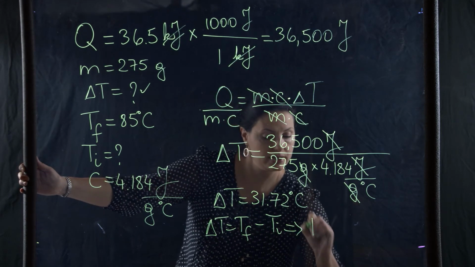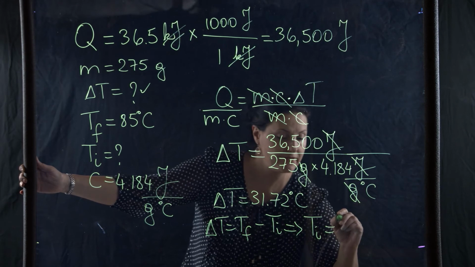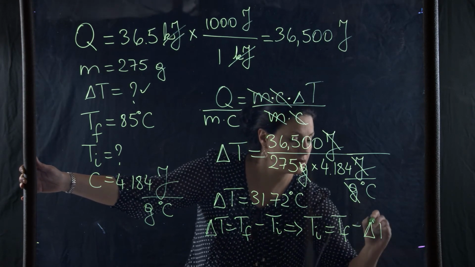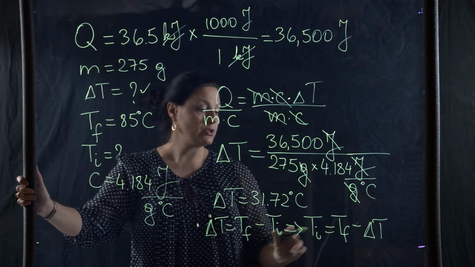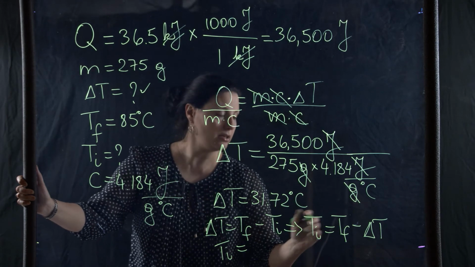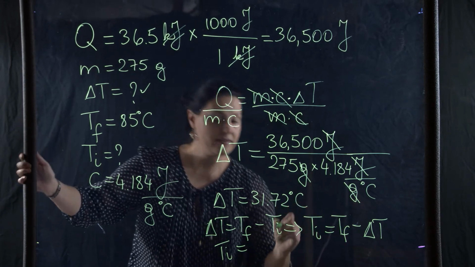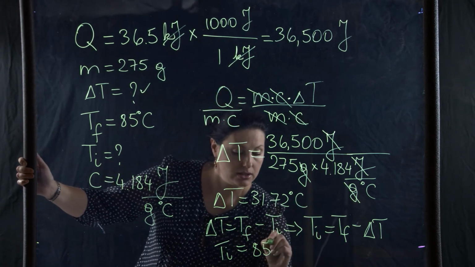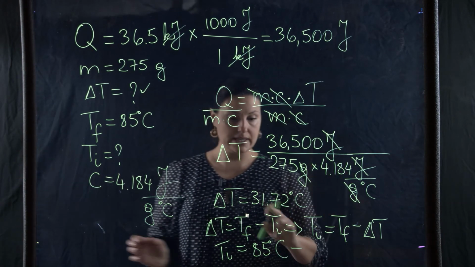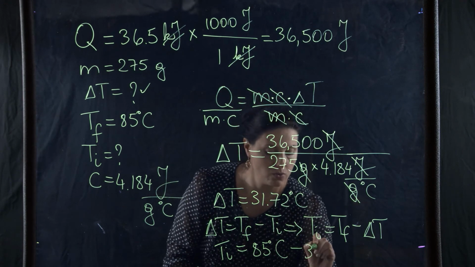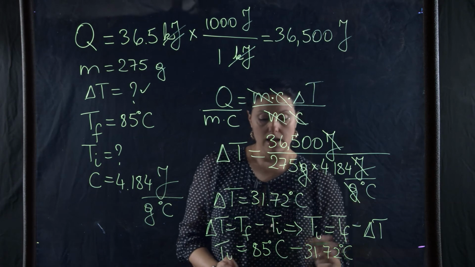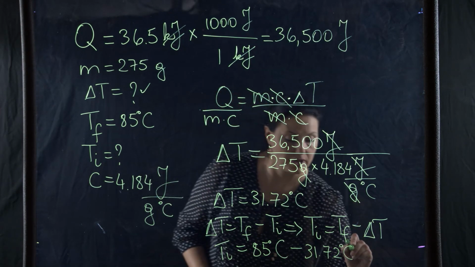T initial is going to be equal to T final minus delta T. I just did it in one step. T initial then is going to be the final temperature, which is 85 degrees Celsius, minus delta T, which we just calculated up here, 31.72 degrees Celsius. I don't have a calculator, but you can figure that out.